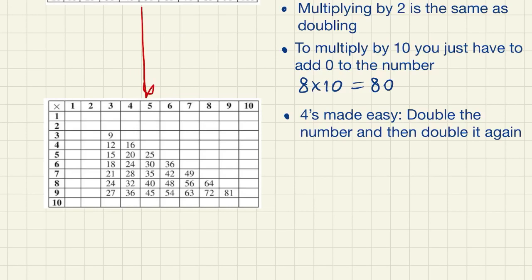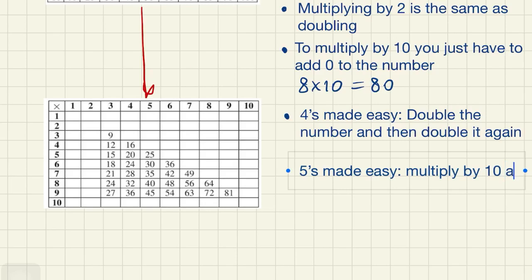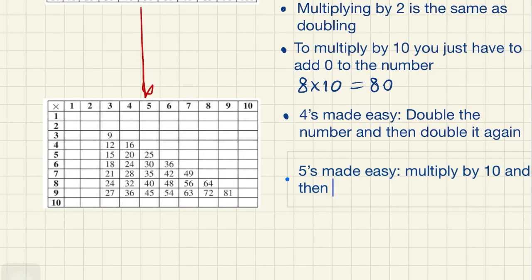Another thing is 5s. 5s are also pretty easy to find. Not the most convenient thing to write on. 5s made easy. So to multiply a number by 5, we just have to multiply it by 10, and then we can halve it.